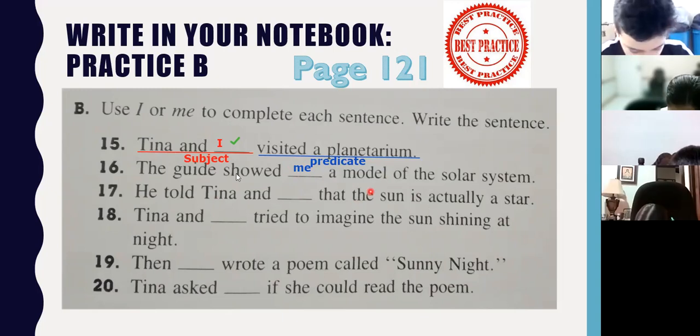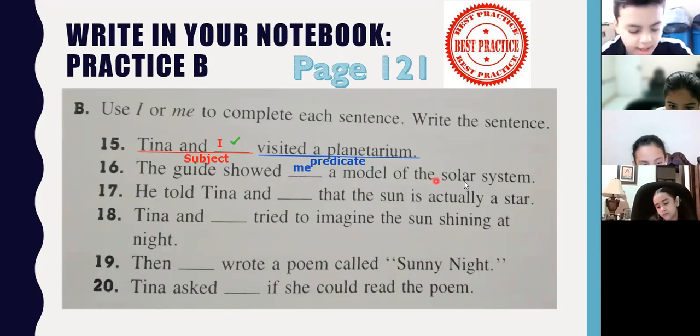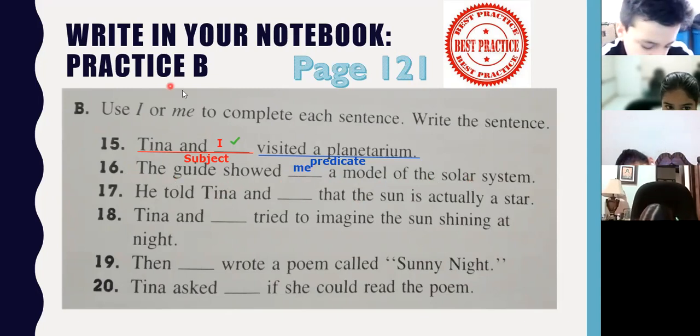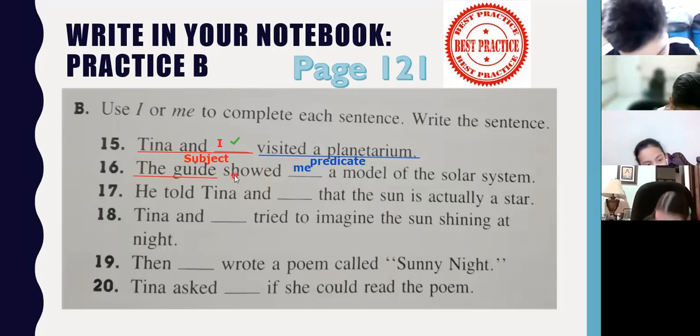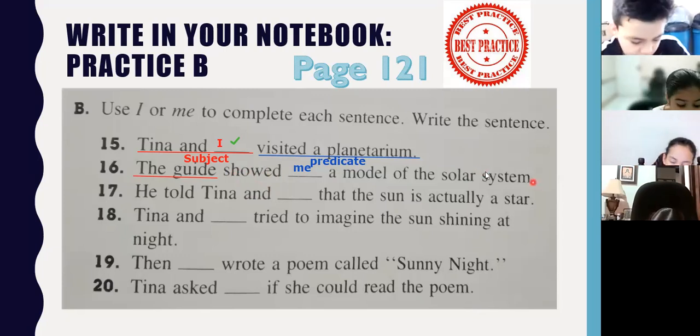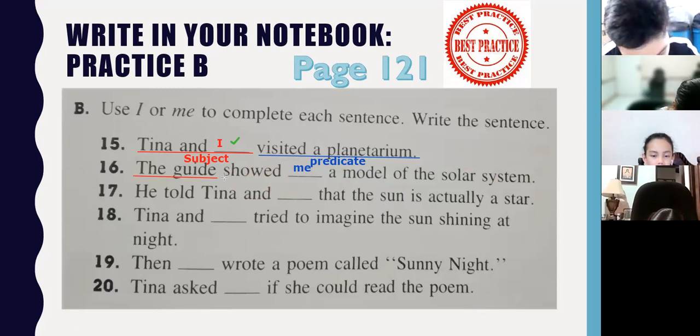Okay, thank you, Danny. It says the guide showed me a model of the solar system. Okay, the guide is the subject. Remember that we're talking about the guide. Showed is the verb of the sentence. So from the verb to the period of the sentence is the predicate. That's why it's in blue, because that is the predicate.